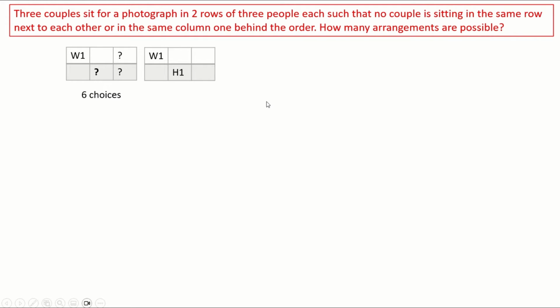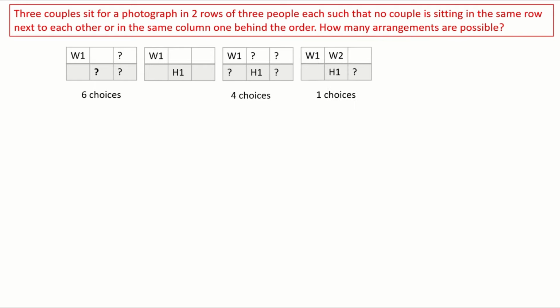If he's sitting here, then the second couple has 4 choices, they can sit any of the 4 places. If you sit here, you have only 2 choices. You cannot sit here because this will become the third couple. It's not possible.